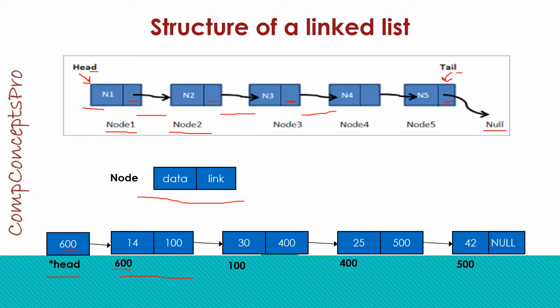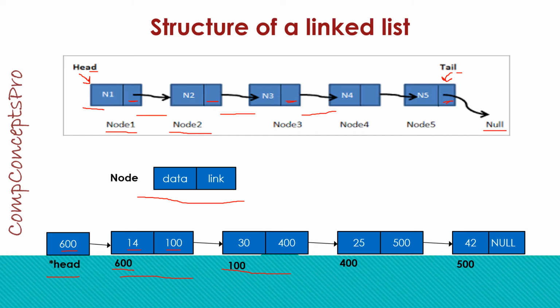This first node is located at the address 600 in the memory. Its data is 14, and its pointer value is 100. That means the second node of this linked list is located at the memory address 100. That's why this 100 is stored in the next pointer of the first node.